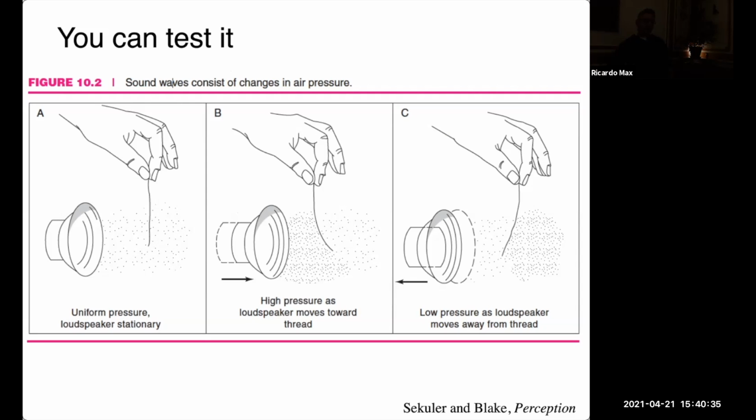It works especially if you have a subwoofer that transmits the bass, the low frequency sound waves.